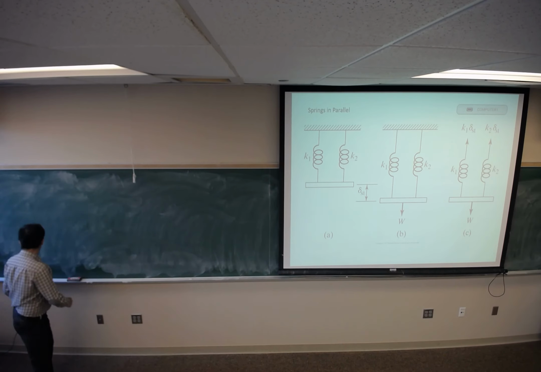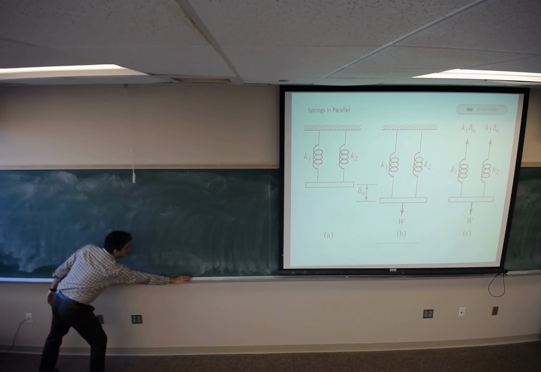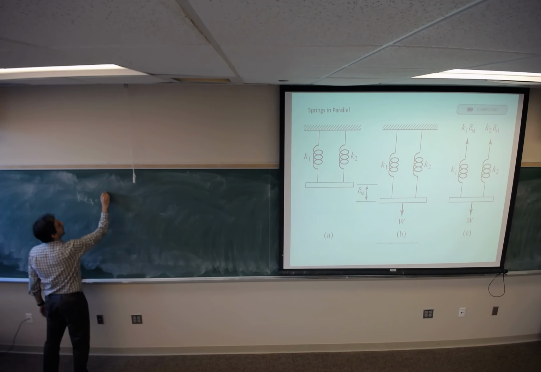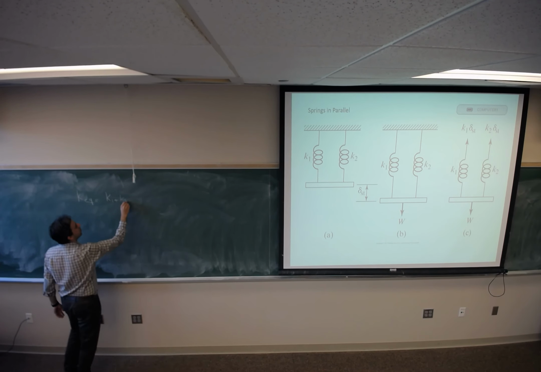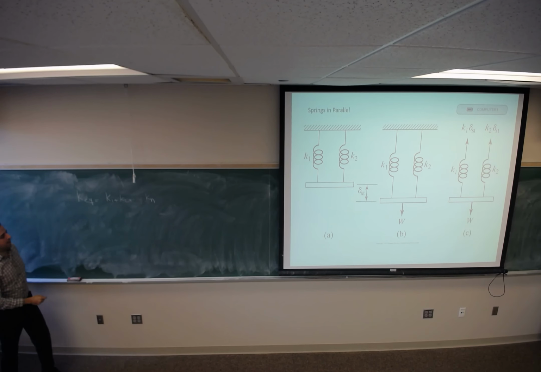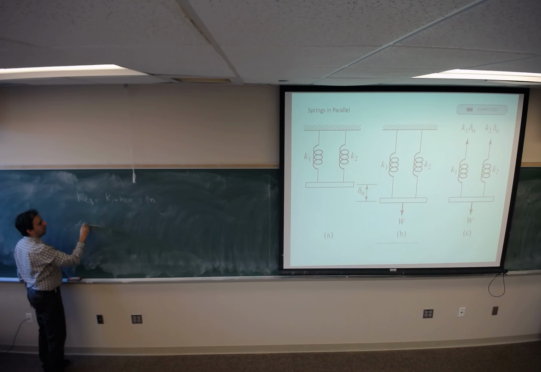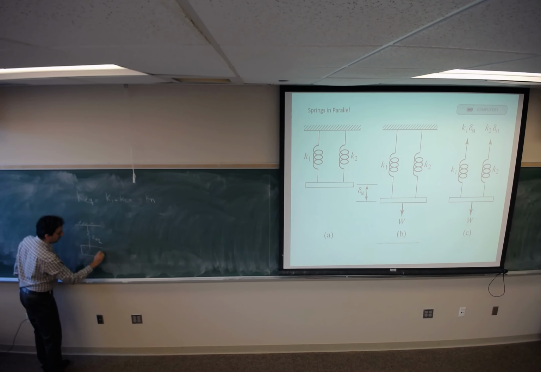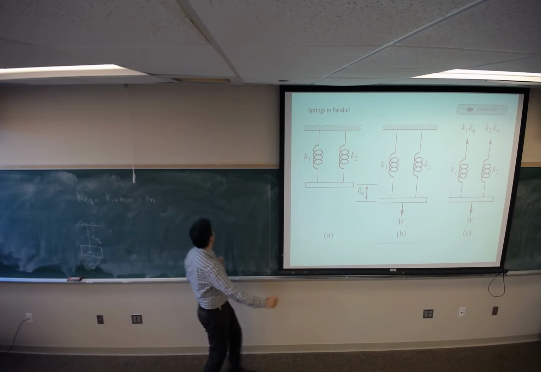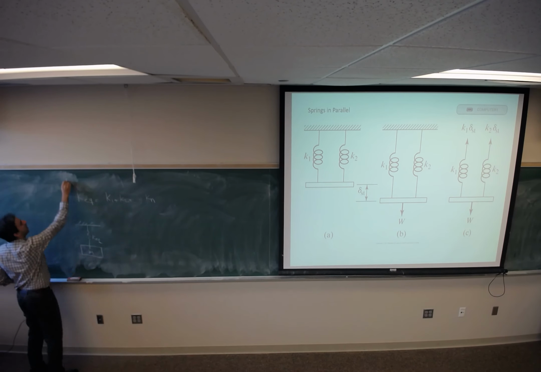So in that case, the stiffness K equivalent would be K1 plus K2. If you have more stiffnesses, you are going to add them up, and you replace this system with the equivalent stiffness. This is a parallel.